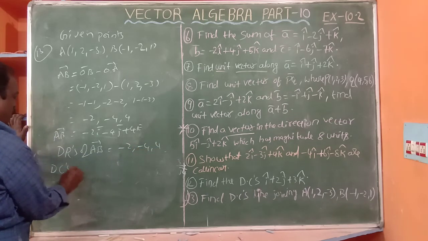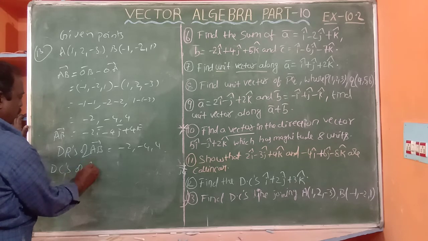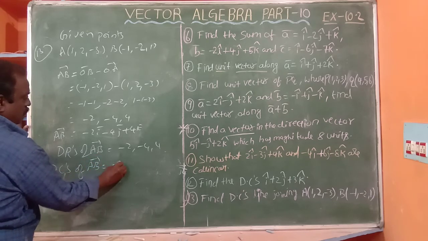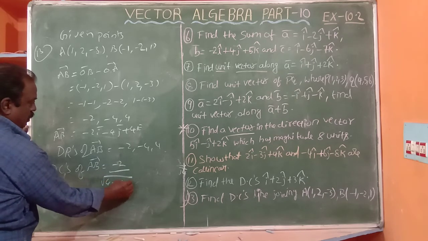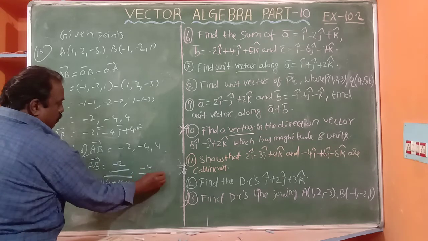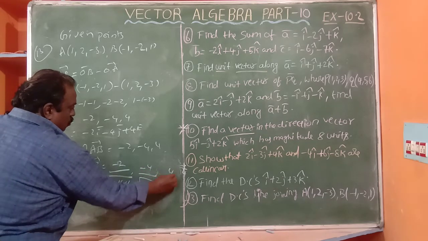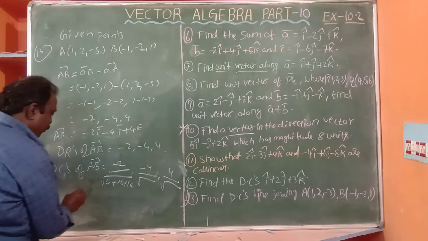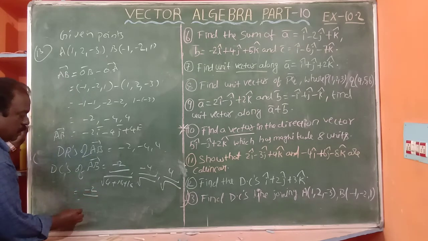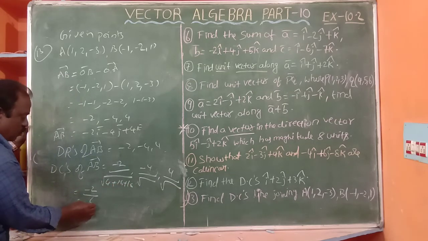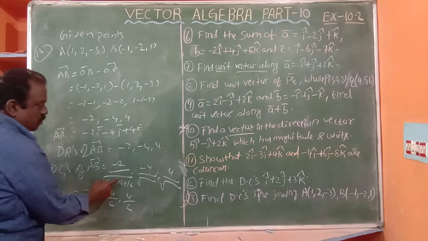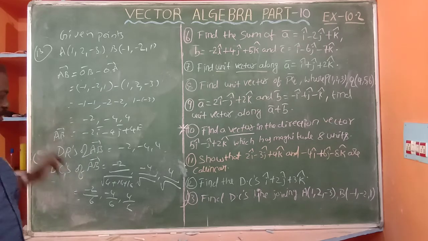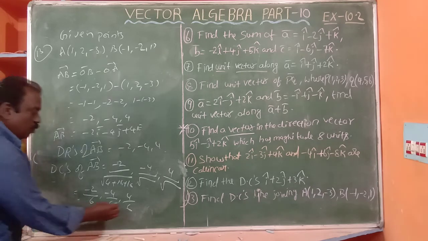Then the DCs of AB bar: minus 2 by root of 4 plus 16 plus 16, minus 4 by the same root, 4 by the same root. 4 plus 16 plus 16 is 36, root 36 is 6. So this is minus 2 by 6, which is minus 1 by 3, minus 4 by 6, which is minus 2 by 3, and 4 by 6, which is 2 by 3.